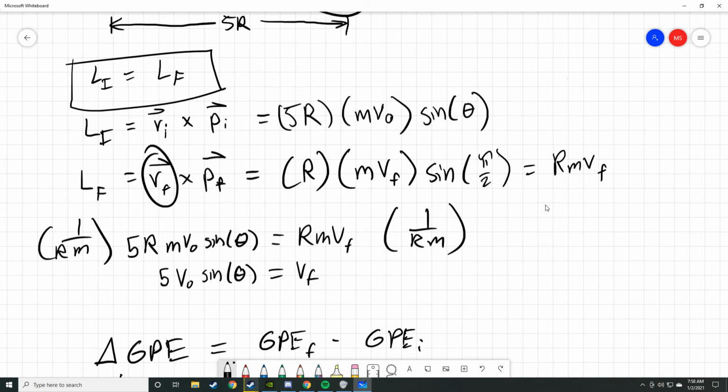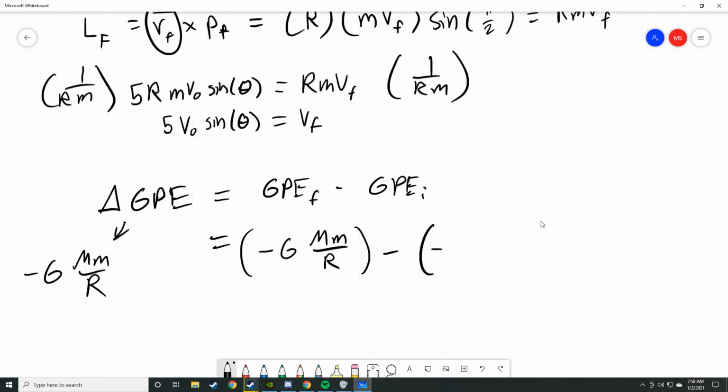Alright, so that's 5r here, and same factors, G, M, little m. Okay, so that's the change in gravitational potential energy.